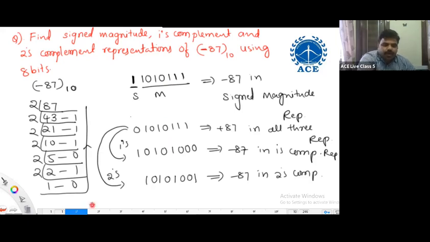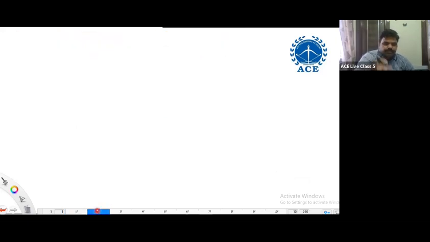Let me give one more question. Same, find signed magnitude, 1's complement and 2's complement representation of minus 23 decimal using 8 bits.